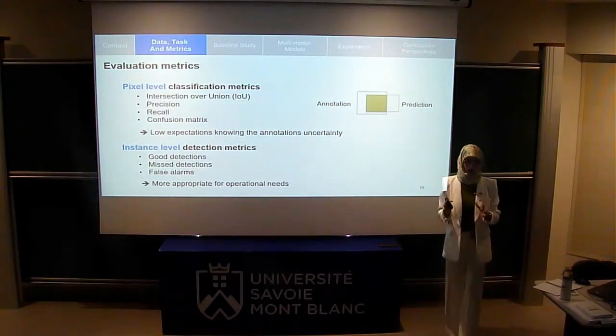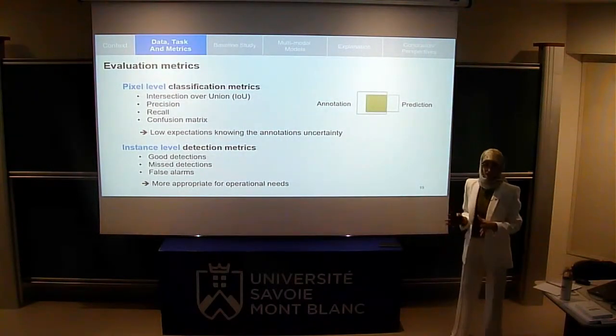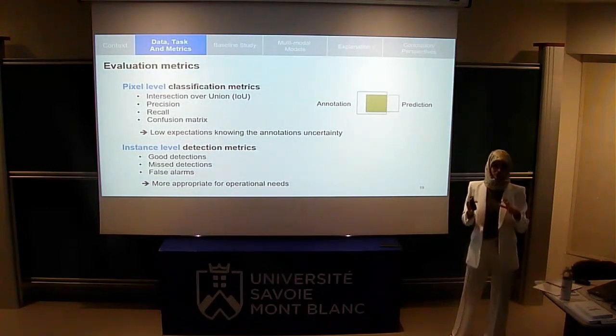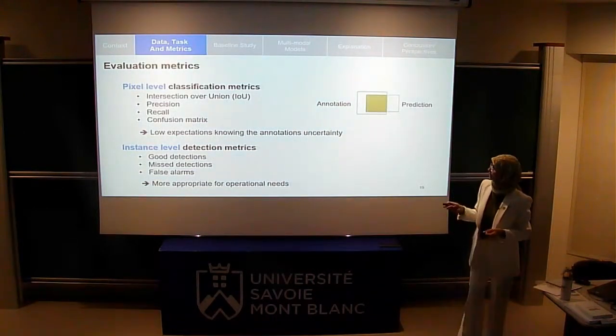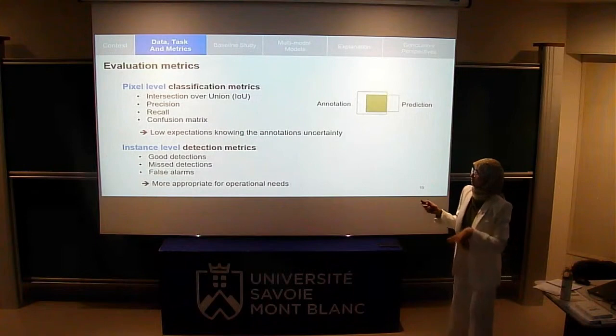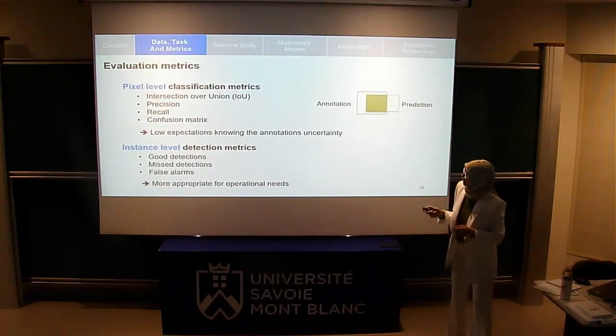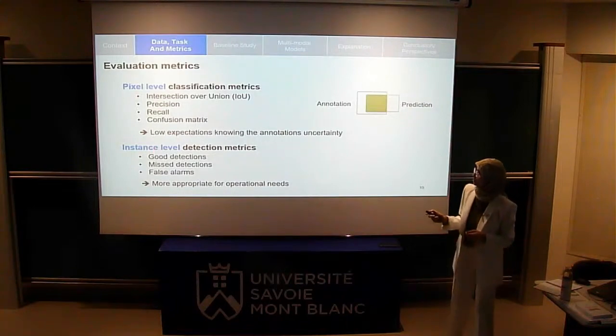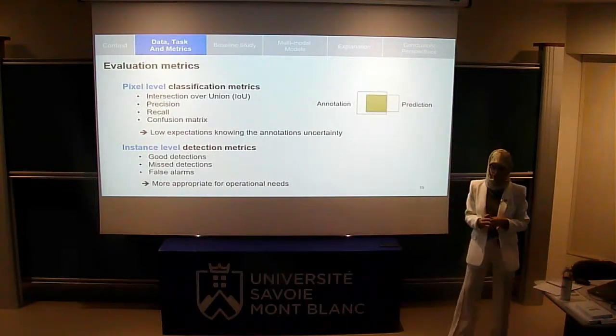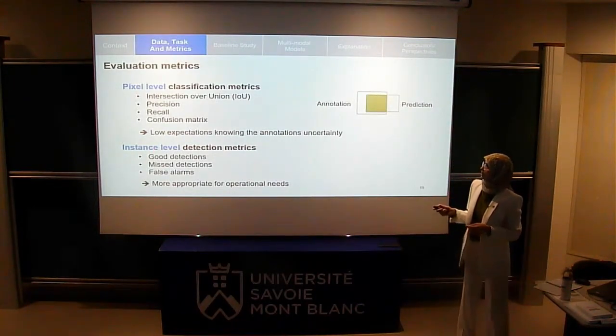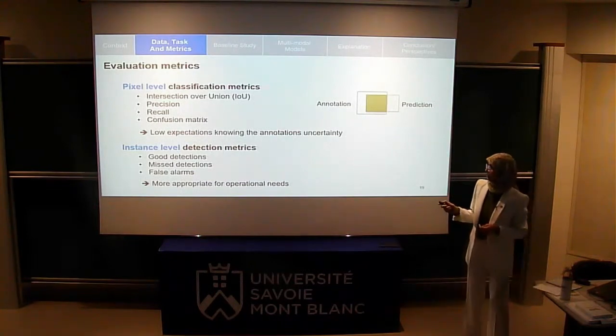We choose the category of approach we are going to use. We present the data, and how we are going to evaluate the results. Based on the state of the art and on the segmentation approaches, we have two categories. The first one is pixel level classification metrics. They are standard metrics such as IOU, precision, and recall.